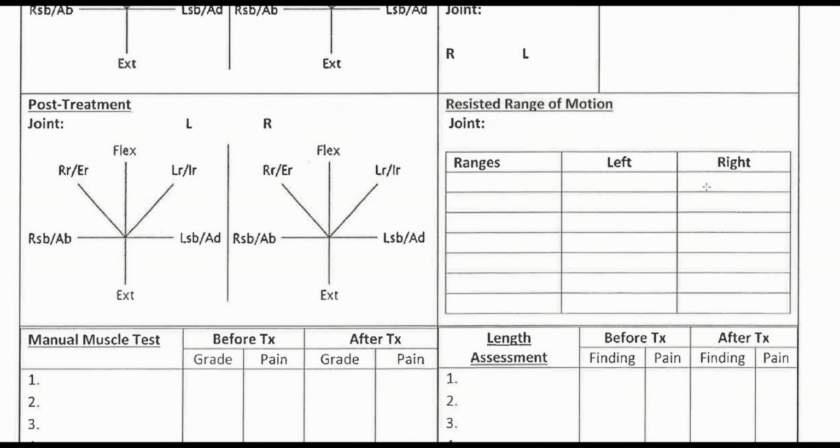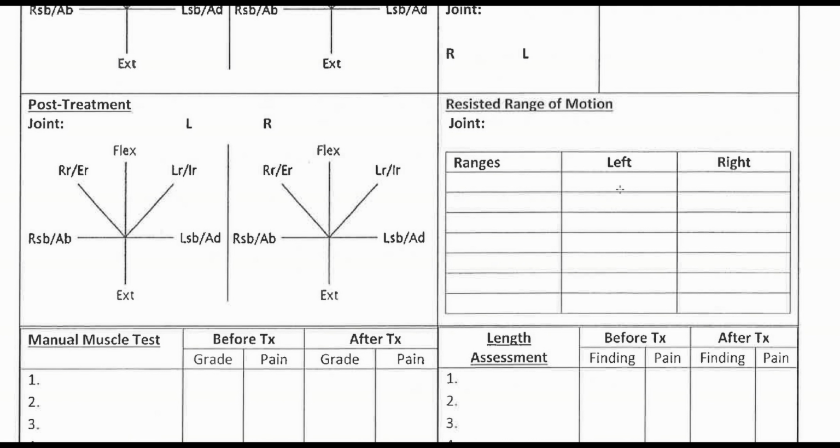So it's very straightforward. Write down the joint, again in this case let's say shoulder, and then you can write down whichever order you like. There's no particular mandatory order. You could technically write down everything the way you want and leave the most painful last. So let's say abduction was the most painful. You could say flexion, extension, external rotation, internal rotation, adduction, and abduction.